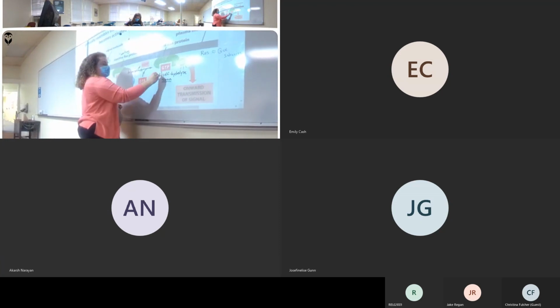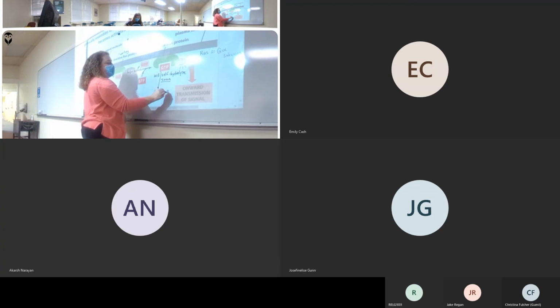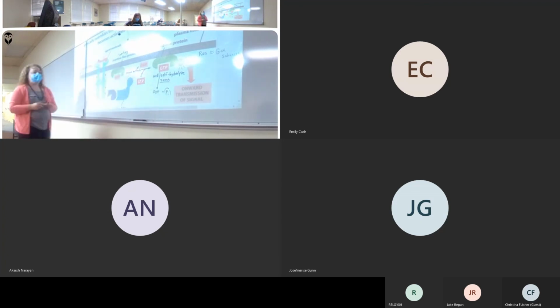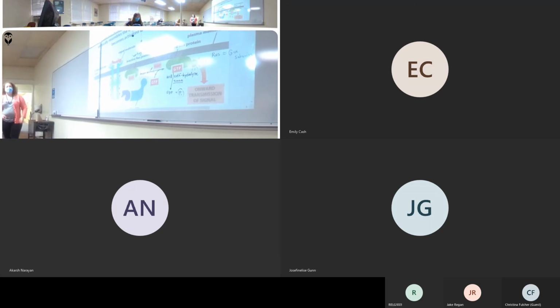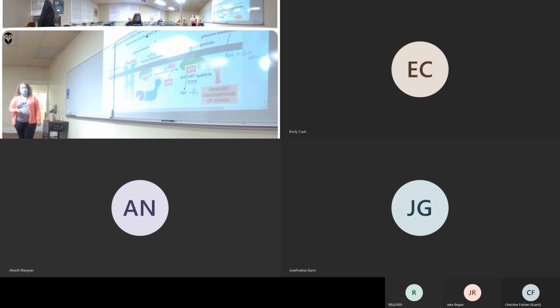Eventually that GTP is hydrolyzed to GDP and a free phosphate. But as long as GTP is bound, RAS is active.